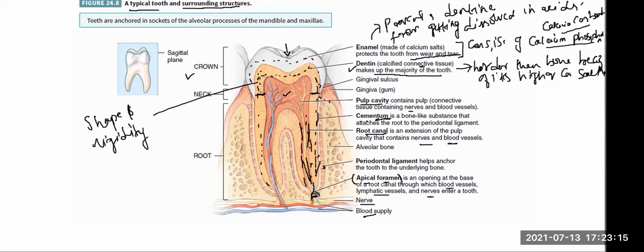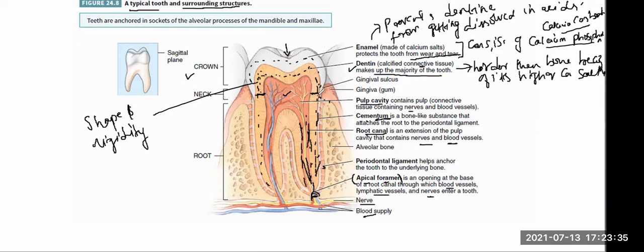It is the hardest substance due to calcium salts, and it prevents the wear and tear of the tooth and prevents the dentin from getting dissolved in acids in the mouth.